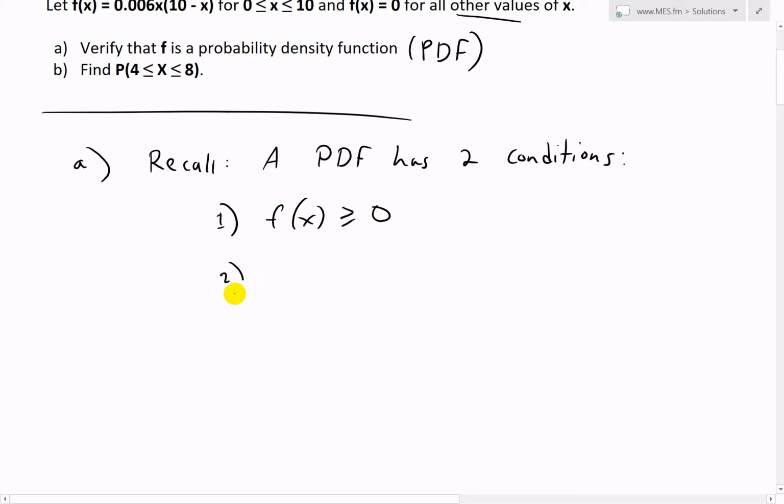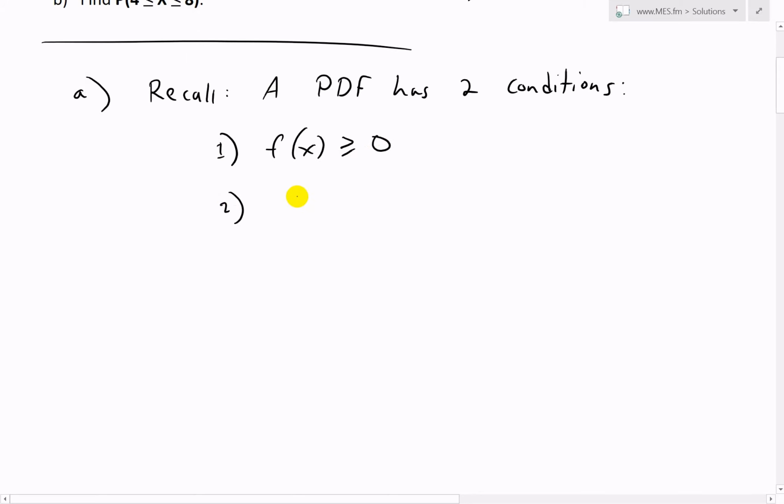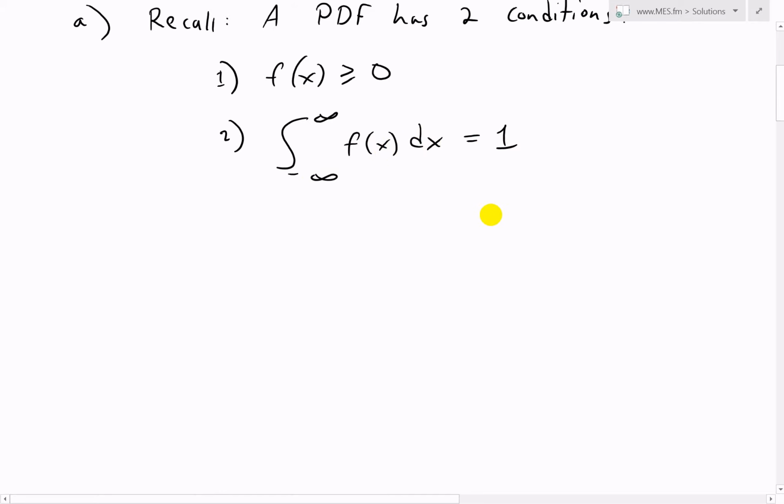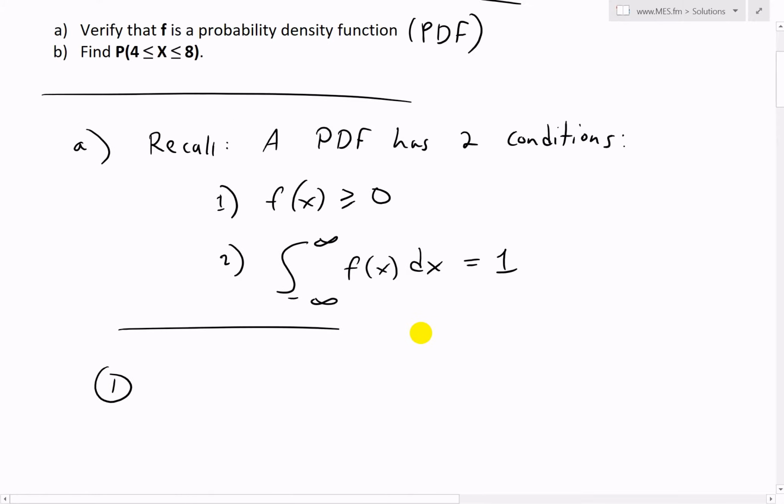The second is that the area under the curve has to equal 1, so the integral from negative infinity to infinity of f of x dx has to equal 1. Let's look at the first case, f of x greater than or equal to 0.